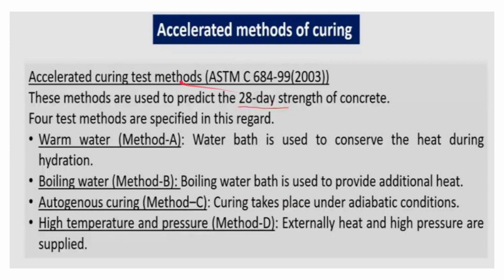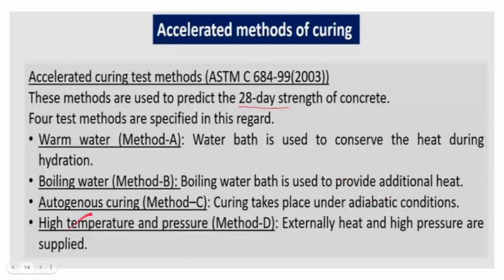According to ASTM C 684/99 2003, these four methods are used to predict the 28th day strength of concrete. One is the warm water method, denoted as method A. Here a water bath is used to conserve the heat during hydration. Second is the boiling water method, method B. Here a boiling water bath is used to provide additional heat.